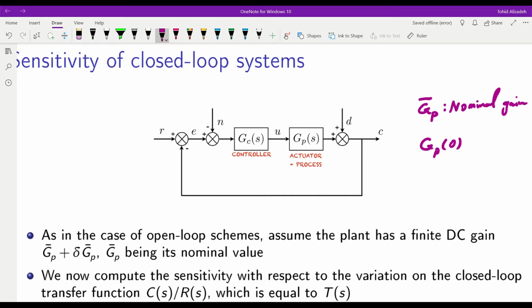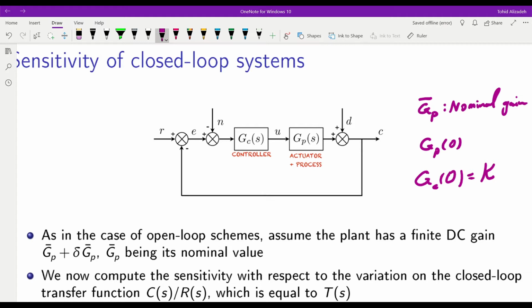Okay. Then we have, let's say, also designed the controller GC of S, and for GC of S, we evaluate it at 0 and we have K as a value.